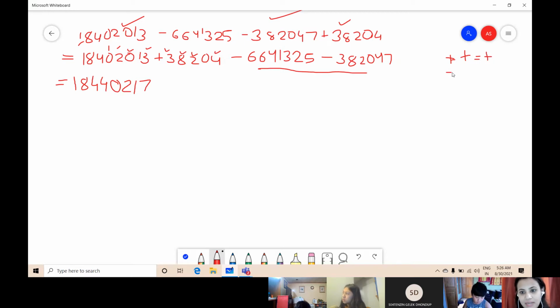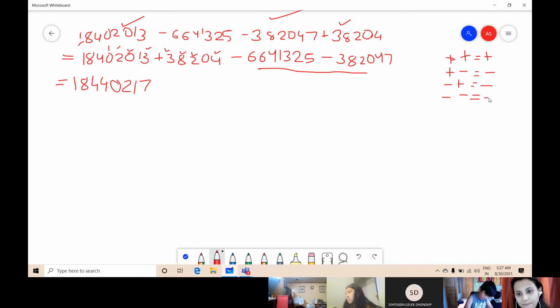If the first number has the addition sign and the second number has the subtraction sign, what will we do? We will subtract. If the first number has the subtraction sign and the second number has the addition sign, what will we do? We will again subtract. And if the first number has the subtraction sign and the second number also has the subtraction sign, what will we do?